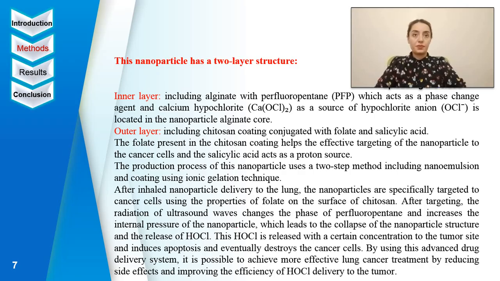The production process of this nanoparticle uses a two-step method including nanoemulsion and coating using the ionic gelation technique. After inhalation delivery of the nanoparticles to the lung, the nanoparticles are specifically targeted to cancer cells using the properties of folate on the surface of chitosan.